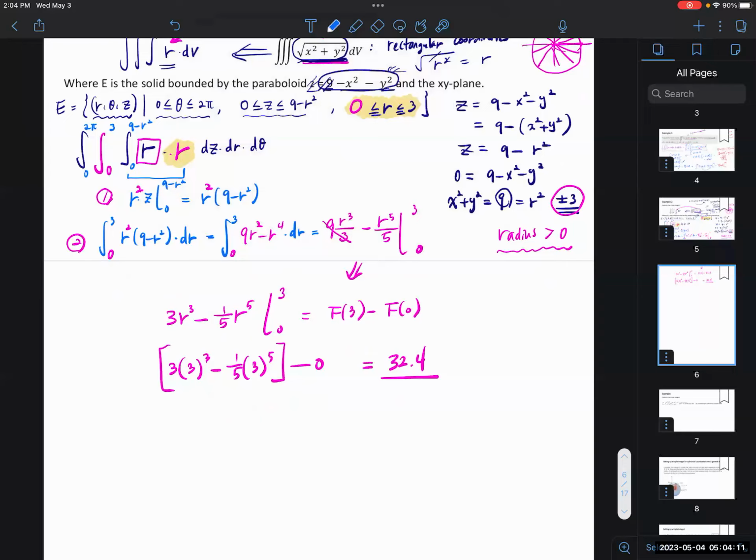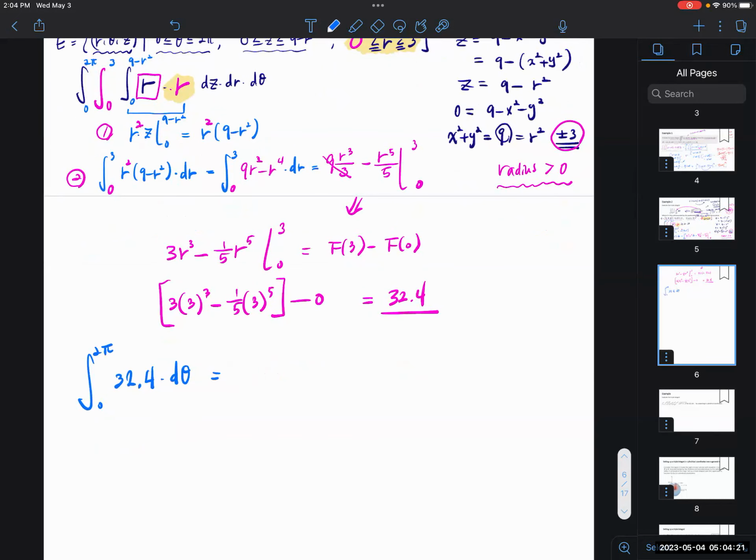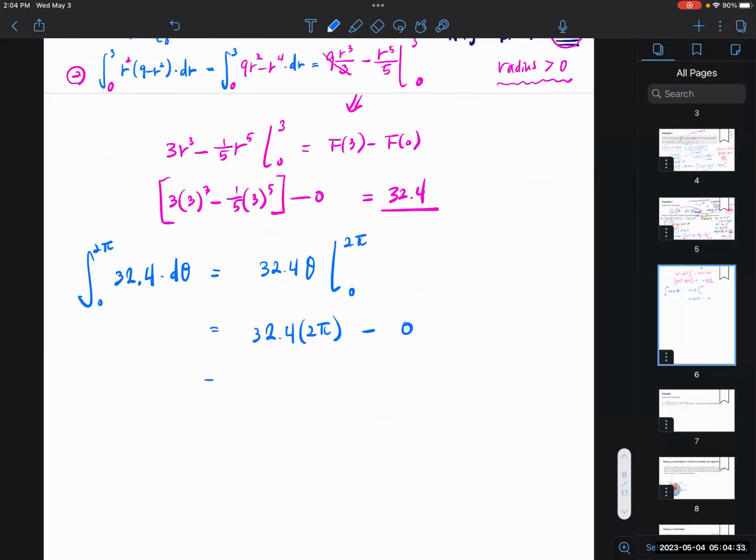Now we're going to go back to the last integral, 0 to 2 pi, 32.4 d theta. This is constant, 32.4 theta, 0 to 2 pi. So 32.4 times 2 pi minus 0. So it should be 64.8 pi. Yep, that's the answer.